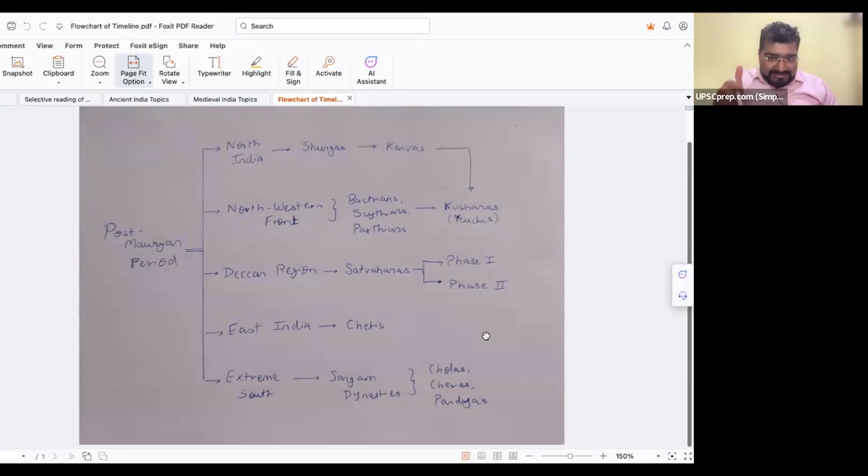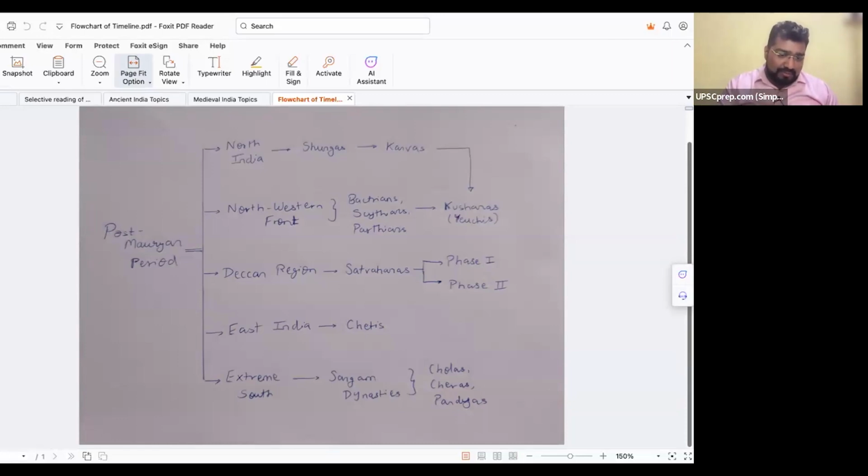Okay, and iske basis pe questions aate hai. In Prelims each year you will see a question associated with chronology. Medieval as well as ancient, कोई भी कुछ ना कुछ तो alternatively question पूछे जाते हैं in terms of the order of the dynasties or the empires. Okay, and that is the reason you should know it.